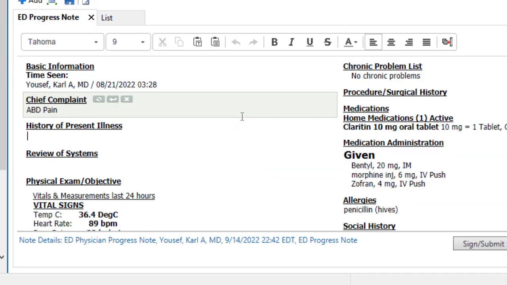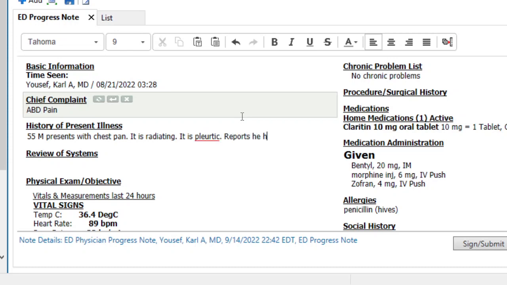So here we are in this note, and I do want to emphasize how important it is to standardize your HPI. This should be so routine to you that you are not writing new HPIs. A lot of people write HPIs something like, 55, male presents with chest pain, it is radiating, it is pleuritic, and I want you to see just what's wrong with this.